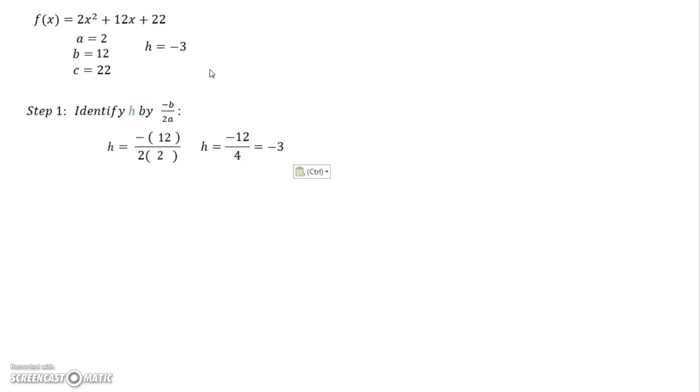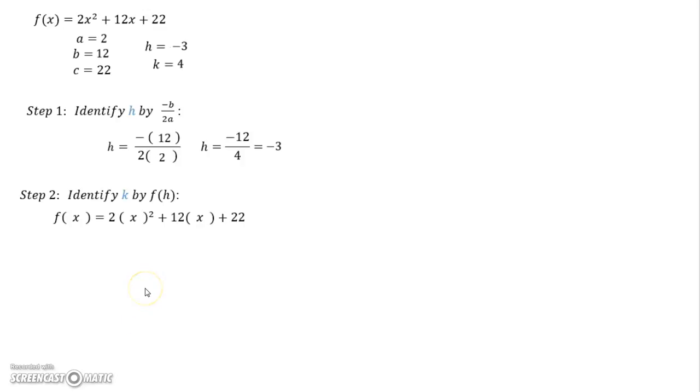So now we need to figure out the k. Our next step is to figure out what k is, and we do that by taking our original function, this f of x function, and substituting our h value, or our negative 3, instead of x. So if this is our original standard form equation, f of x equals 2x squared plus 12x plus 22, technically what I'm doing is substituting an h in there.